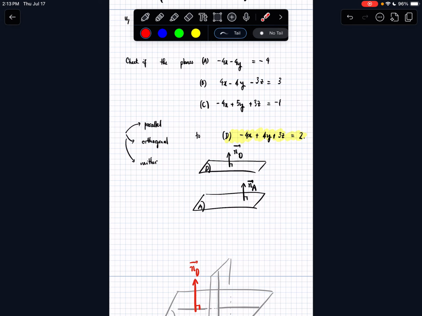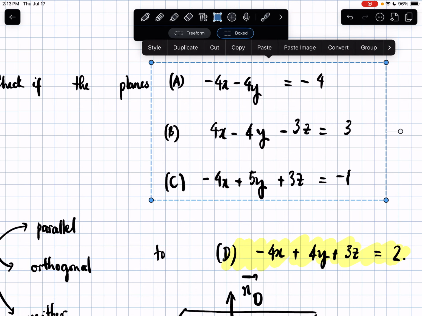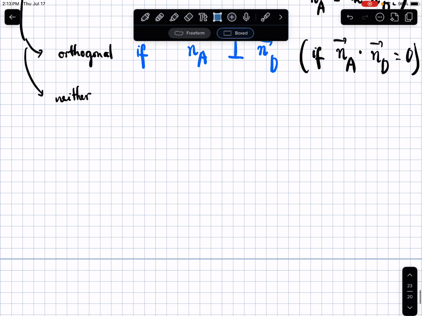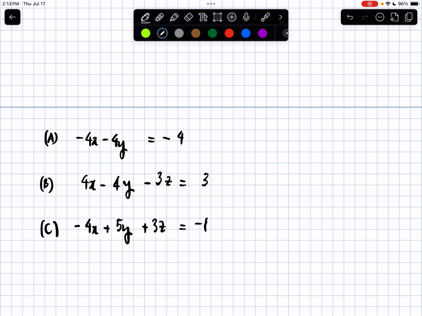So for example, in this case, the normal vector of A, so here are the normal vectors and here is the plane. The normal vector of A, denoted by NA, is a vector given by the coefficients of x, y, and z.